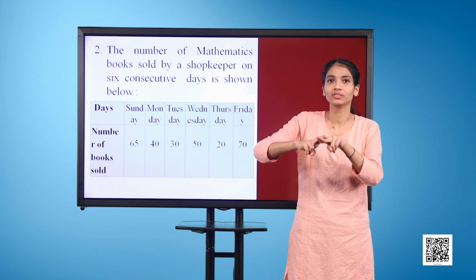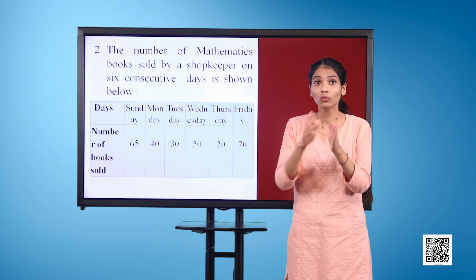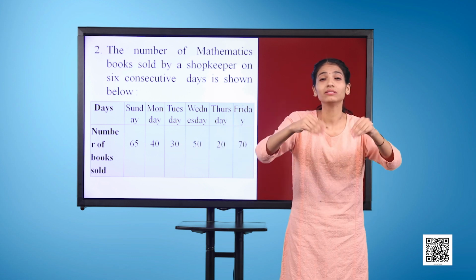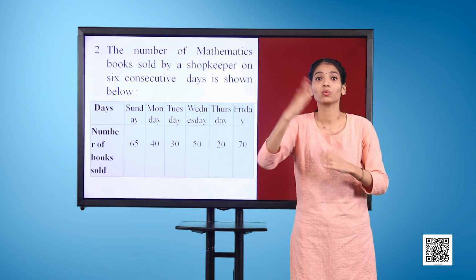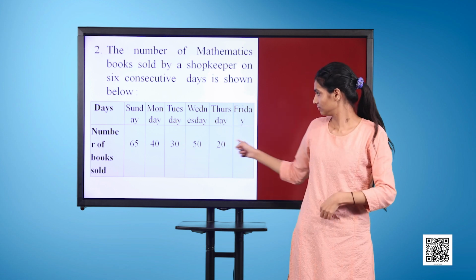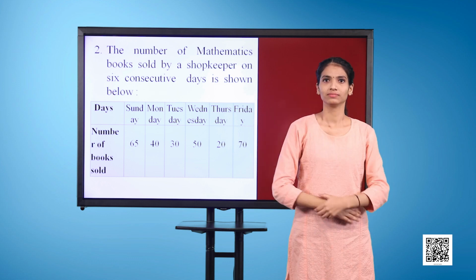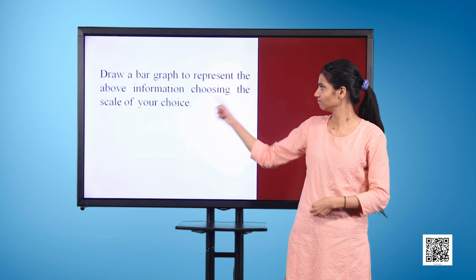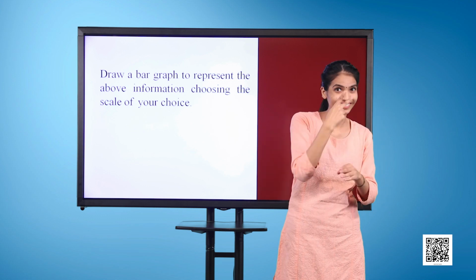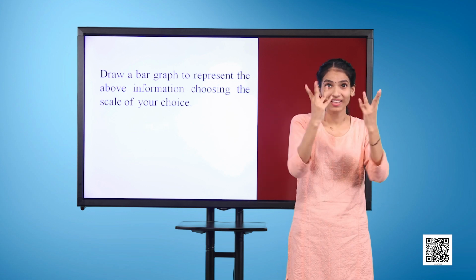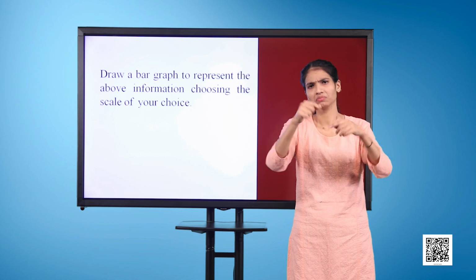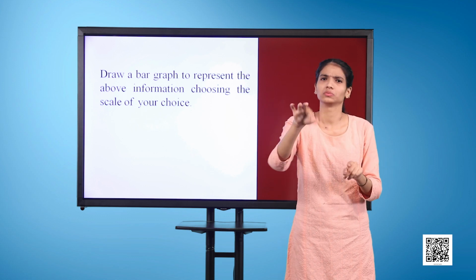Sunday, 65. Monday, 40. Tuesday, 30. Wednesday, 50. Thursday, 20. Friday, 70. Draw a bar graph to represent the above information, choosing the scale of your choice.